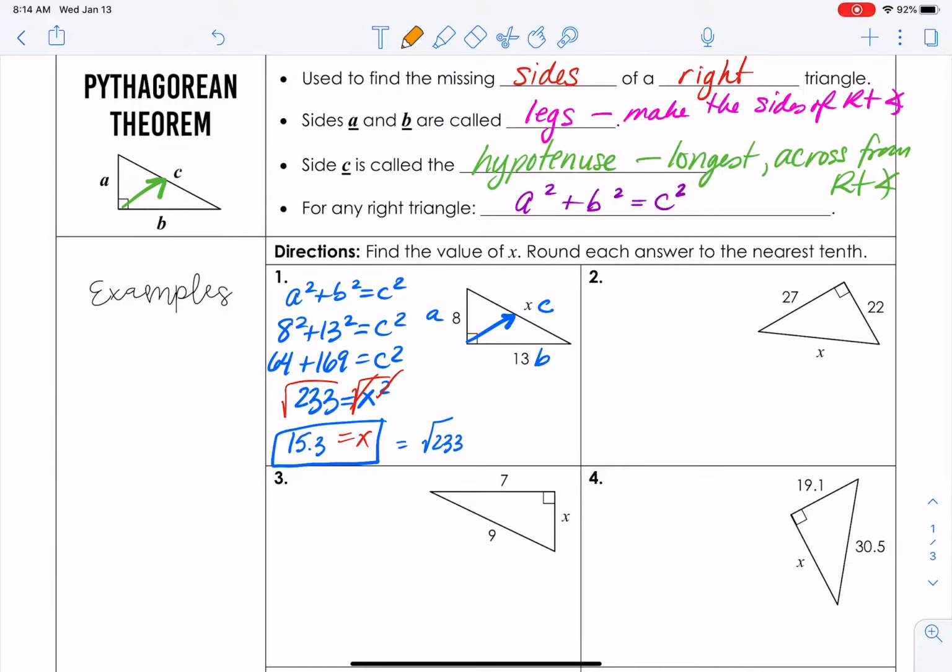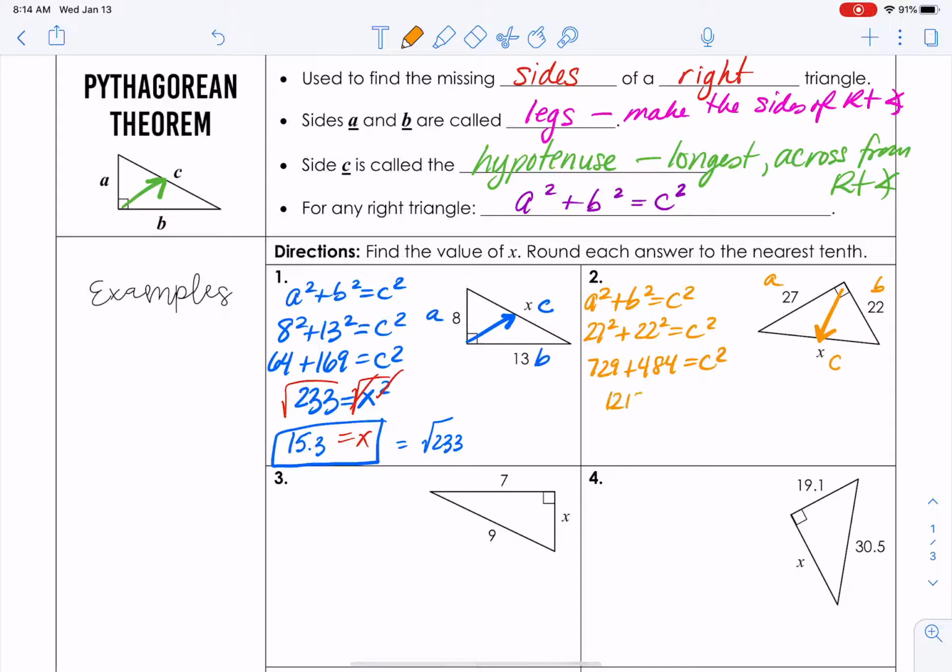Number 2, again, the first thing we do is identify c, so a and b can be anything. A squared plus b squared equals c squared. 27 squared plus 22 squared equals c squared. 729 plus 484 is c squared.